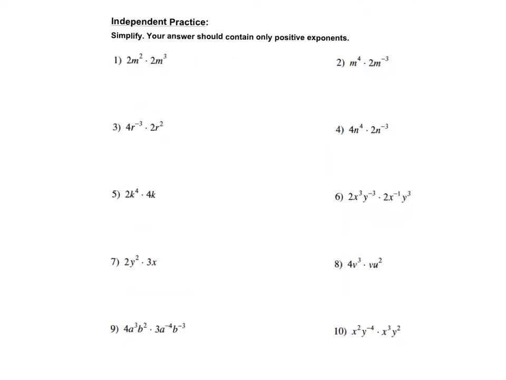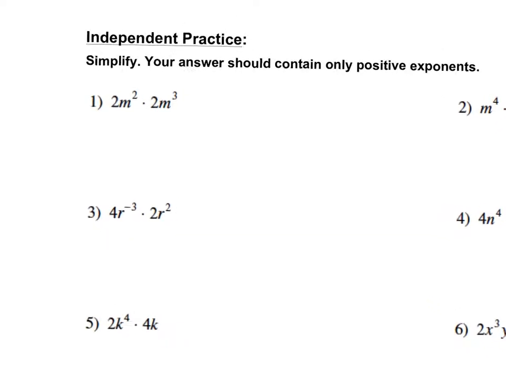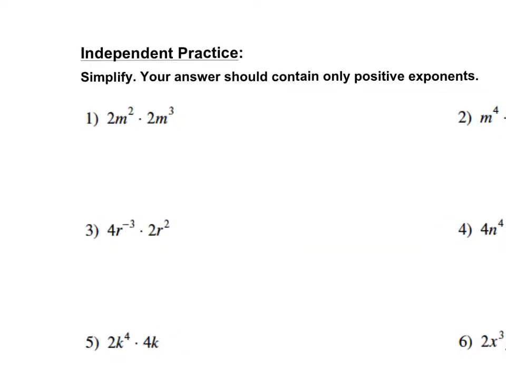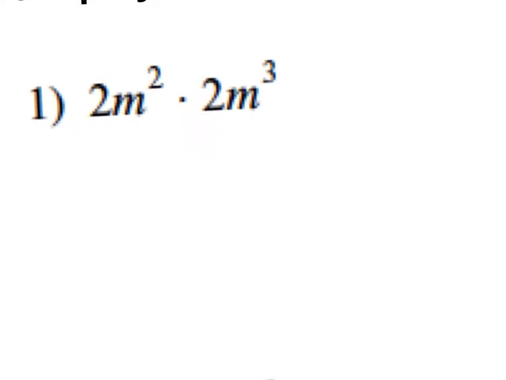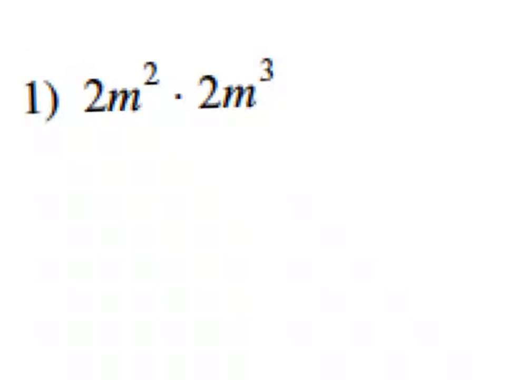And in practice that you guys are going to complete, basically follow the following. Remember that when multiplying variables, we add the exponents if it's the same base. If I have this guy here, I'm doing 2 times 2, which is 4. And then imagine you have 2 m's being multiplied there, and you're multiplying them by 3 additional m's.